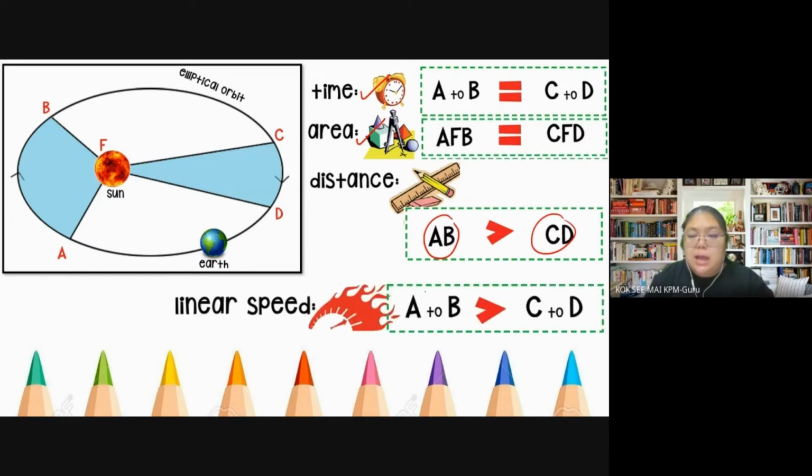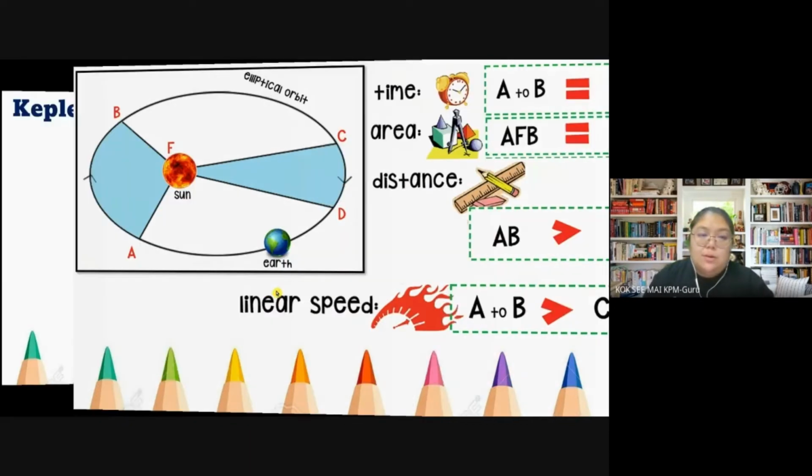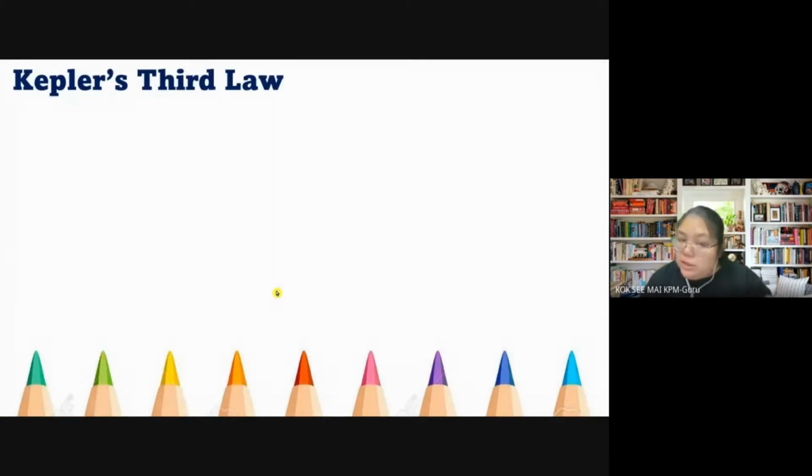Linear speed, A to B is surely faster than C to D. So for the bottom two, we are analyzing from what Kepler's law is talking about. We add the distance and we add the linear speed. Okay, so this one is Kepler's second law. No more, just like this only.